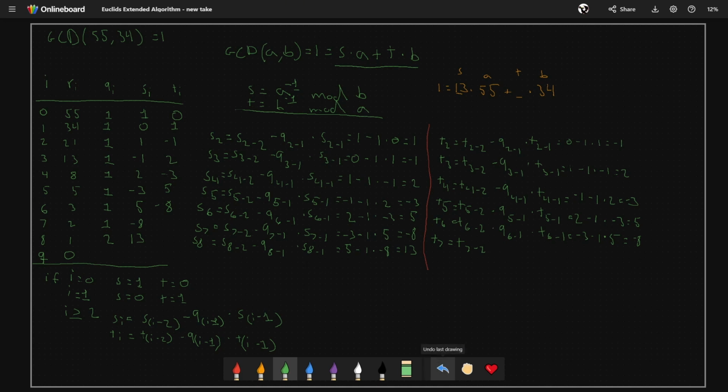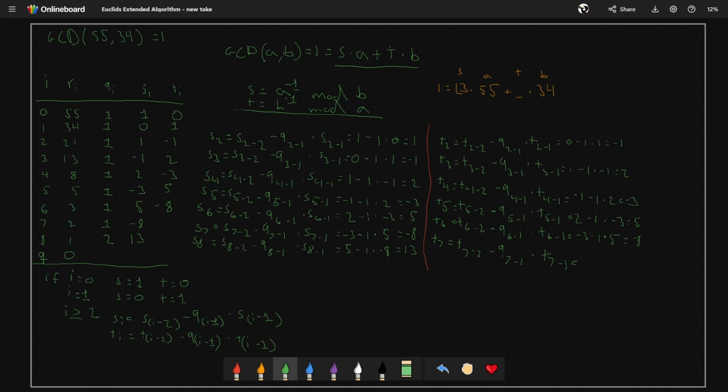It just looks horrid, actually. We have t7 minus 2 minus q7 minus 1 multiplied by t7 minus 1. And that gives us, sorry for writing this line so awkwardly, but I hope you can still manage to read what it says.